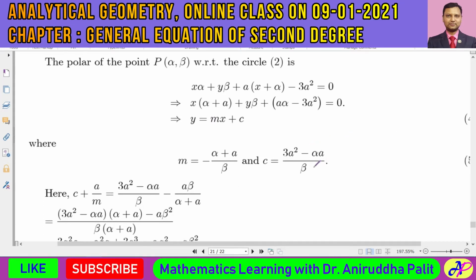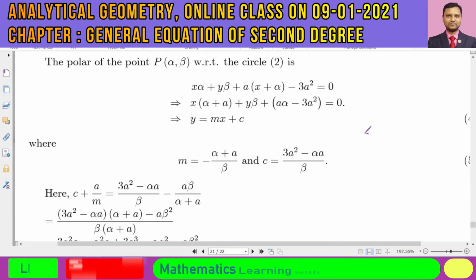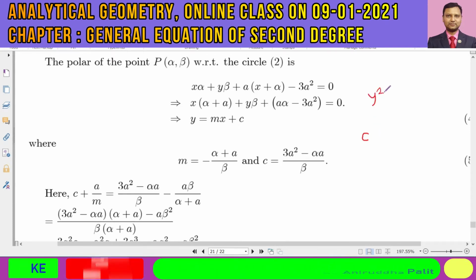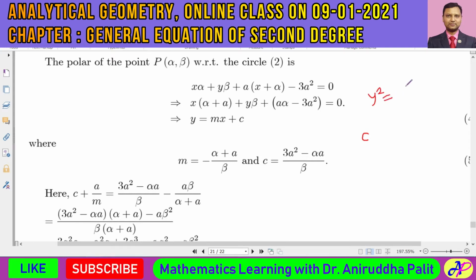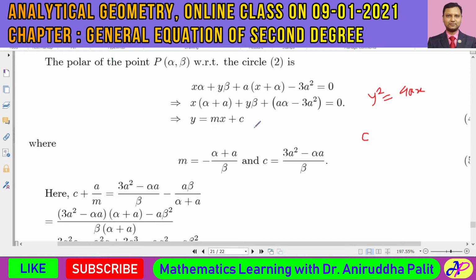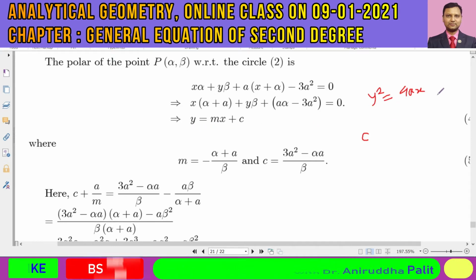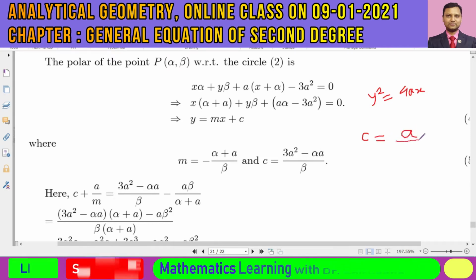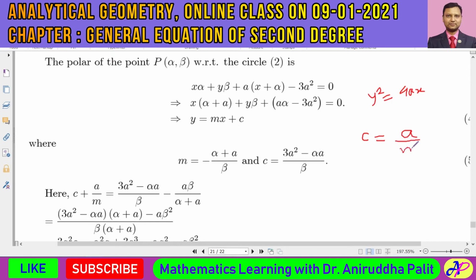Now the condition. Initially we had the result that if y square is equal to 4ax is the equation of the parabola, then we know that the straight line y is equal to mx plus c would touch this parabola if c is equal to a by m. I proved this result in my last lecture.